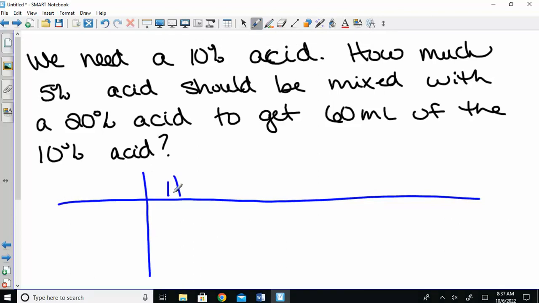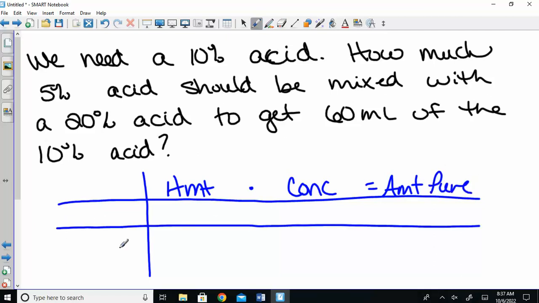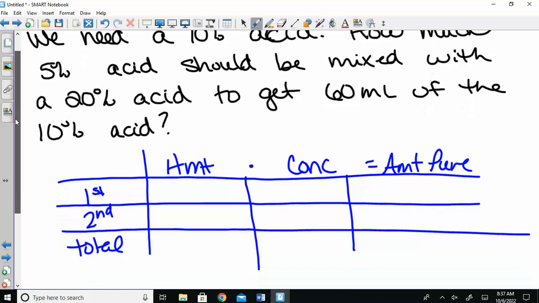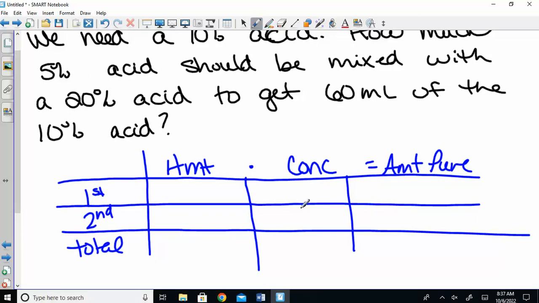So we have amount times concentration equals the amount of pure. Okay, so we are going to mix 5% and 20%.